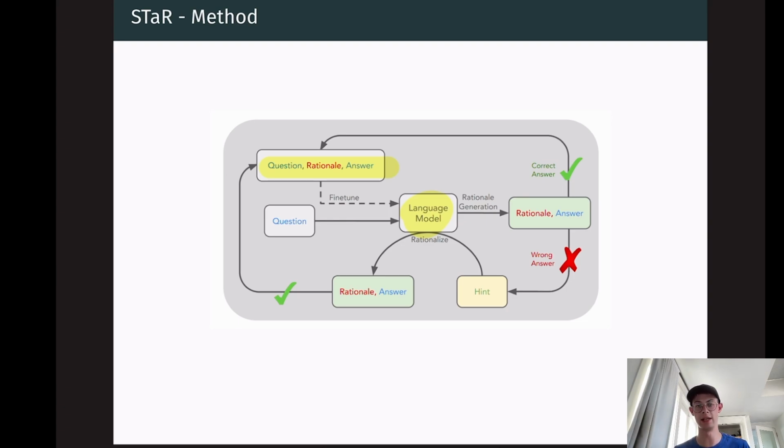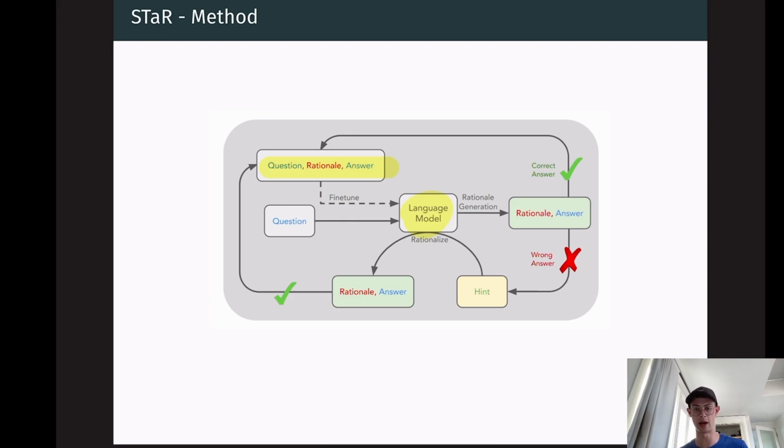However, this is good, and this will actually improve the rationales and the answers of the model, but it will never help the LLM predict the answers that it was getting incorrect, because we'll never end up having rationales that lead to the correct answer.